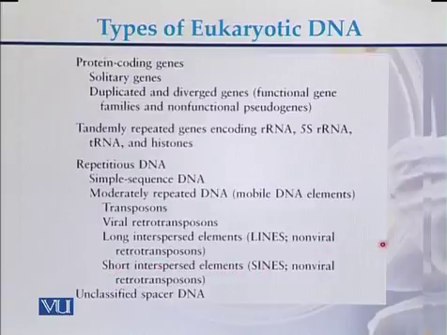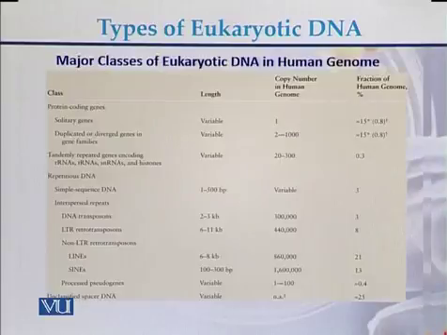So this is the comprehensive view of types of the eukaryotic DNA. It can be protein coding, tandemly repeated genes, repeated DNA, and unclassified spacer DNA.